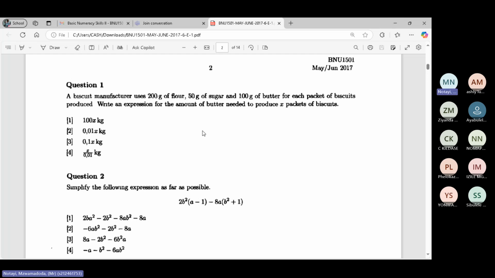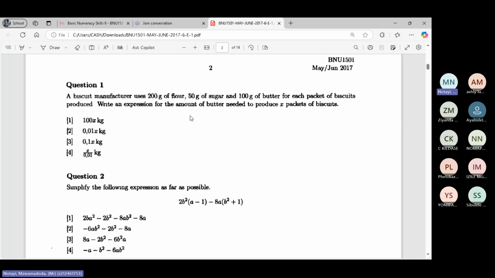Please confirm it, guys. So it's going to be 0,1X kilograms. So that means option 3 is correct.